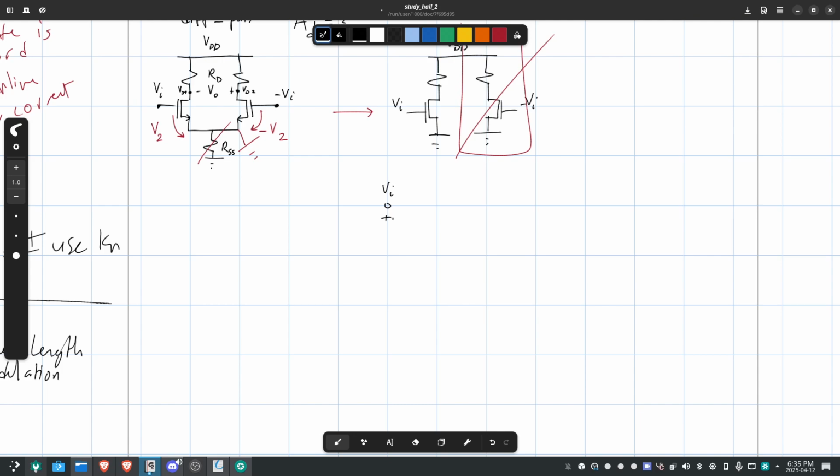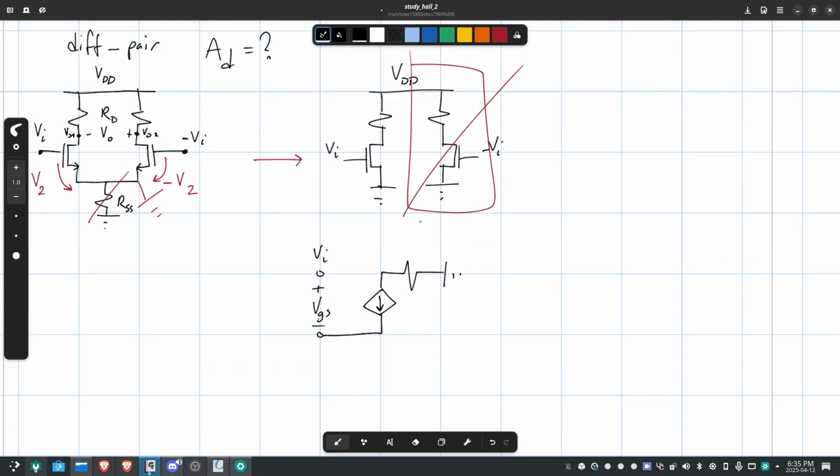This is VI, or sorry, VGS. And oh, we don't have an RO. So this is going to be GM VGS, and this is going to be RD, and this is going to be VO1. Right? We don't have an RO.